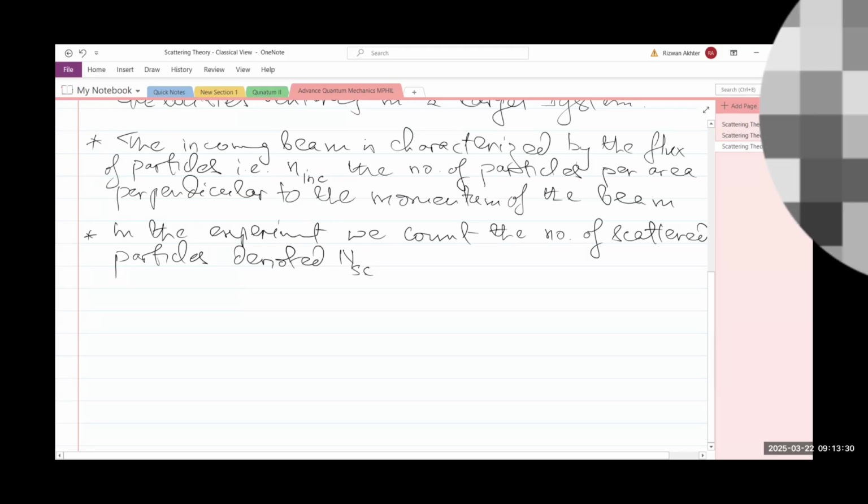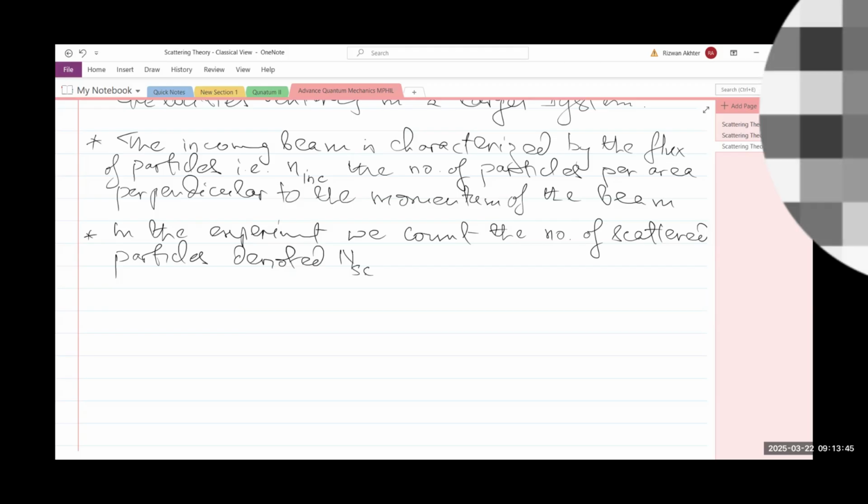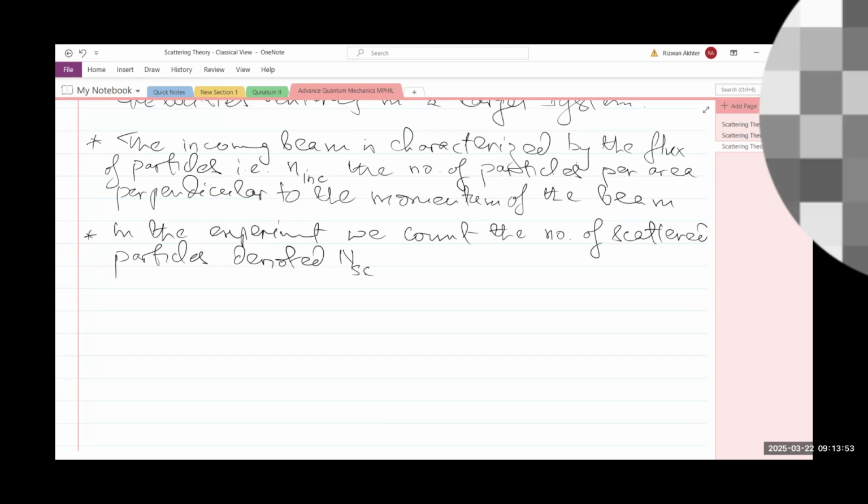Therefore, one can have some sort of a rational picture, and in that picture we can determine the cross section. In this picture, the scattered particles hit some notional cross-sectional area, notional meaning we are thinking in our mind that there is such an area, denoted by sigma of the target.